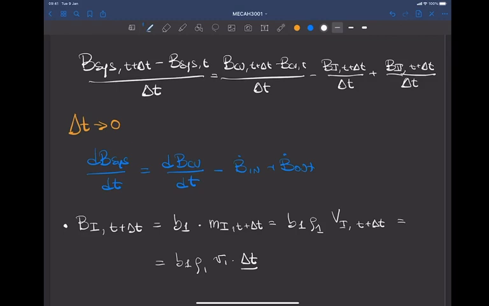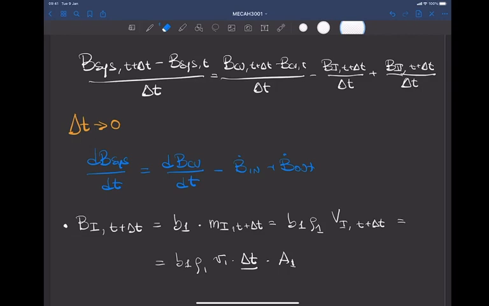So the time elapsed for the process. And of course we have to multiply by a section that will be the section of the cross section 1. Okay, so A1.